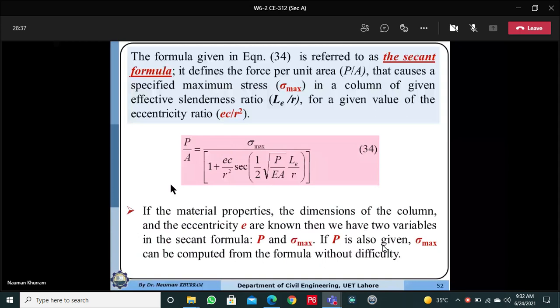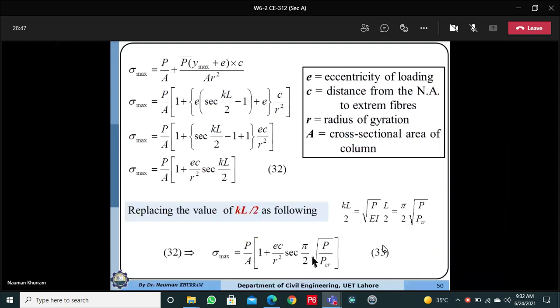So if the material properties, dimensions of the column, and P value are given, just like I have explained here, if material properties are given, eccentricity is given, and applied load is given, then we can easily determine sigma maximum.